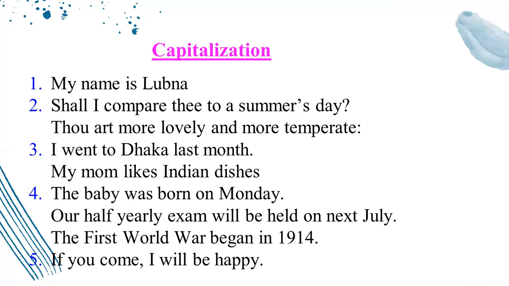Next, the First World War began in 1914. You have to remember one thing: Monday is the name of the day, July is the name of the month, and the First World War is an important historical event. The first letter of the name of the day, month, historical event is always a capital letter.